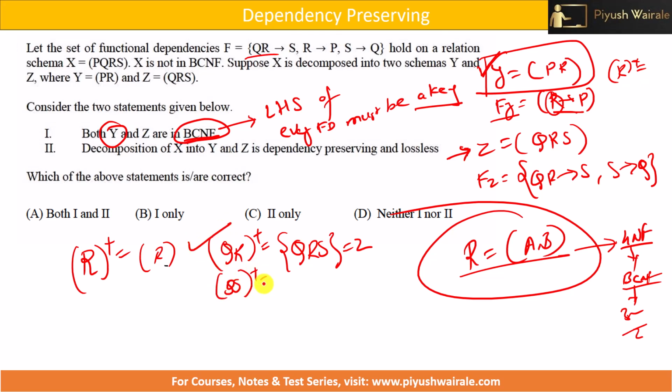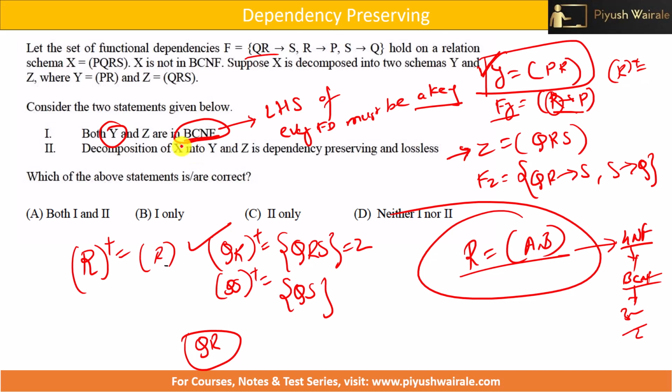What about QS? If I take the closure of QS, can we get R? From QS we can get SQ only. So we are not going to get R here. QS is not a key. Only QR is a key of this relation Z.